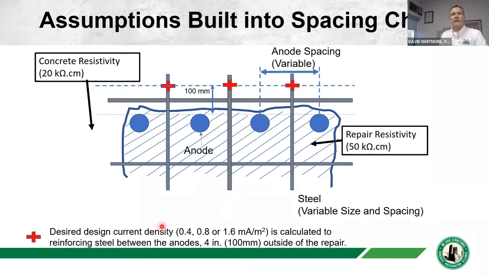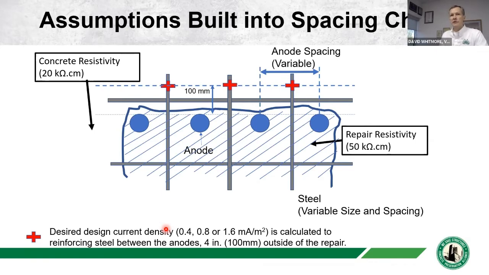The design current density, as I said before, is basically either 0.4, 0.8, or 1.6 milliamps per square meter. Those are the default design current densities in the tables.